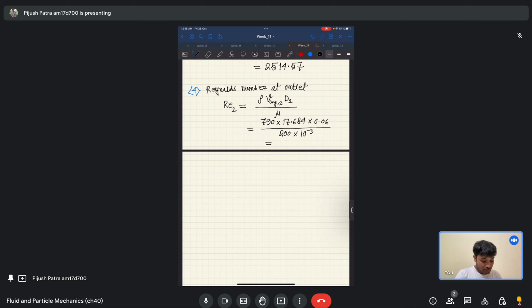This is 790 into 17.684 into 0.06, which is the diameter, 6 centimeter. Fine, is equal to this. Divide by 0.2.